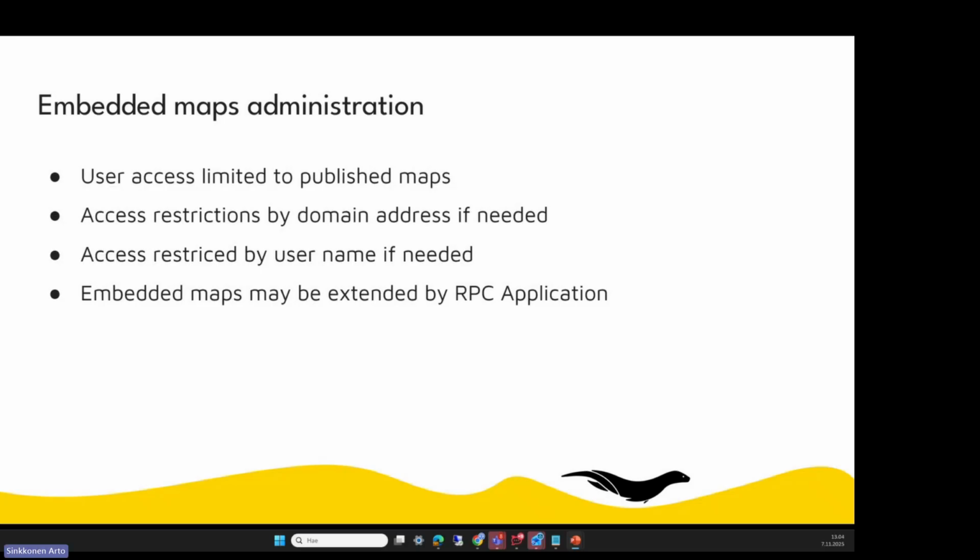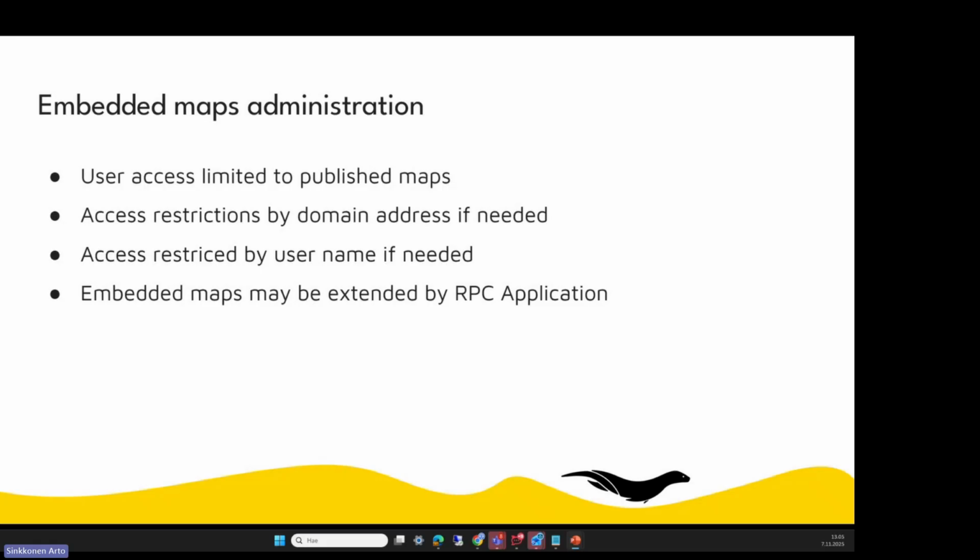And this restriction can be done by the domain address, like Juho showed, and the user name. And this means that any regular users, or there's also a possibility that if you restrict the access to the published map by domain address only, you don't need to worry about the usernames at all.